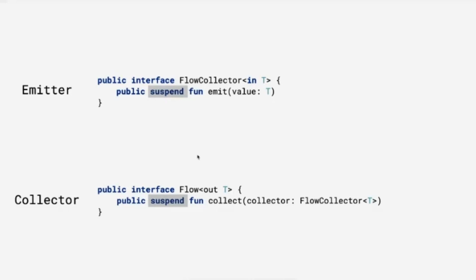The funny thing is, the whole mechanism of Flow is essentially just calling the emit function from collect and the collect function from emit. So these functions are all the time calling each other, and that's it. That's how the whole reactive stream is based for Flow. Just these two functions calling each other.